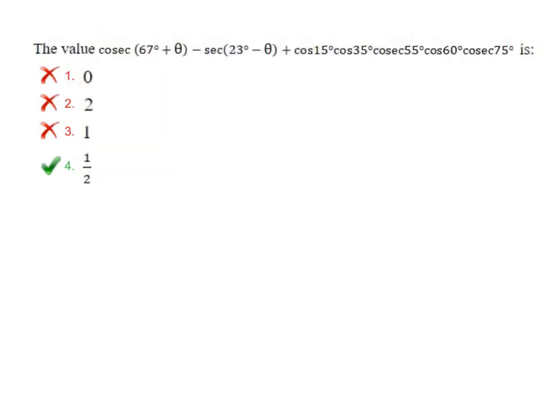The value of cosecant(67 plus theta) minus secant(23 minus theta). So, secant(23 minus theta) can be written as cosecant(67 plus theta) because we know secant theta is equal to cosecant(90 minus theta). So, if I use it, it's going to be the same. So, cancel these two.